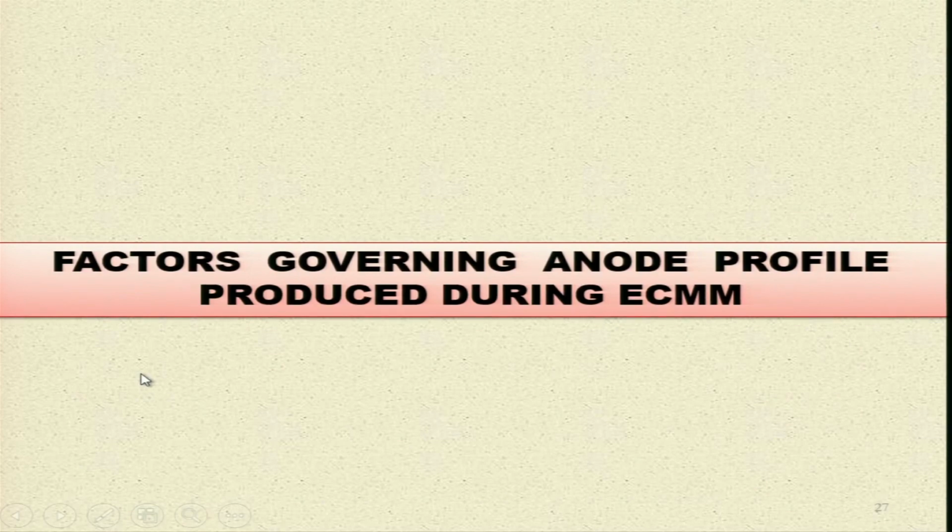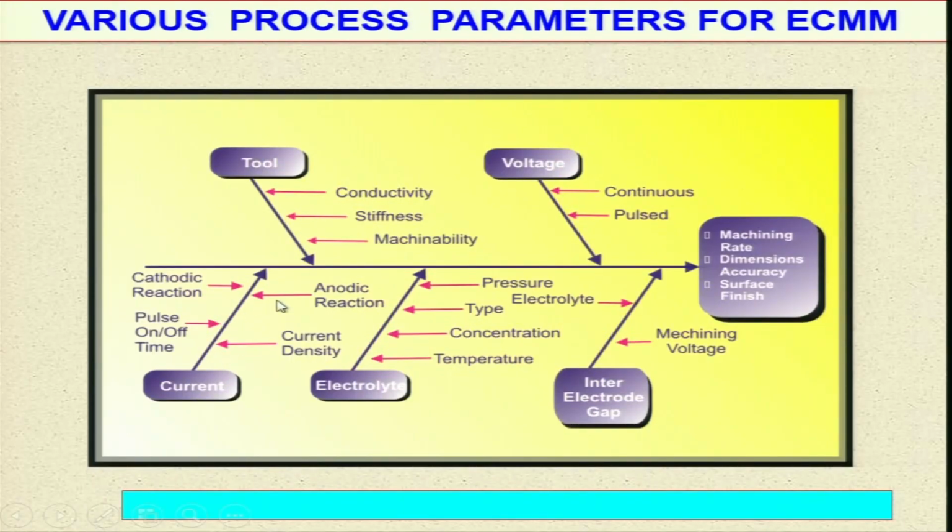Factors governing the anode profile produced during the ECMM process, that is, the anode is the workpiece profile. Various process parameters for ECMM are given over here. Tool: conductivity of the tool material, stiffness, machinability. Voltage may be continuous or pulsed. Current affects the cathodic reaction, and pulse on and off time also affect the whole process. Anodic reactions are also affected, and current density is affected by the magnitude of the current.